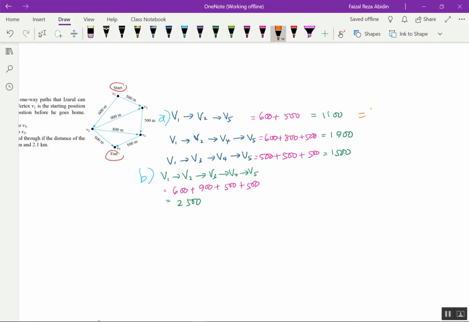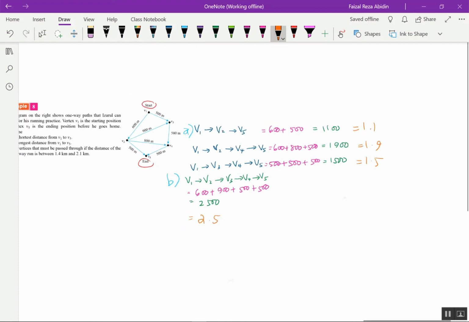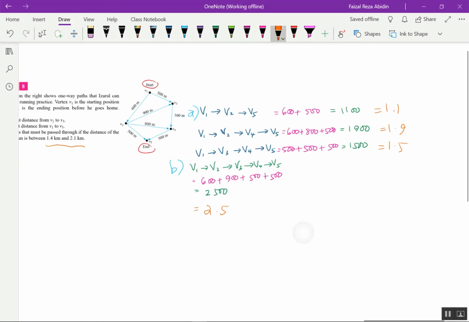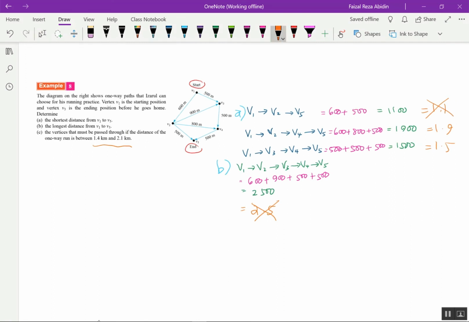We have 1.1 kilometers, 1.9, 1.5, and 2.5 kilometers. Between 1.4 and 2.1, 1.1 is not included, and 2.5 is also not included. So the answer is V1, V2, V4, V5 and V1, V3, V4, V5, because the question asks for the vertices. This is the answer for C. You have to answer all of this.